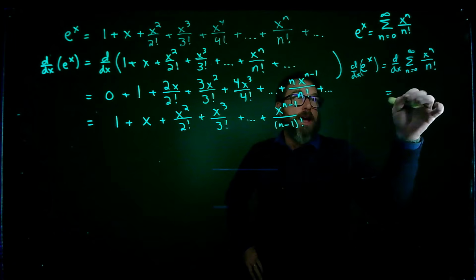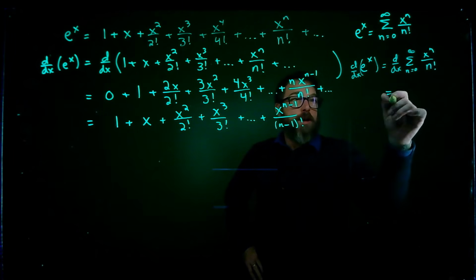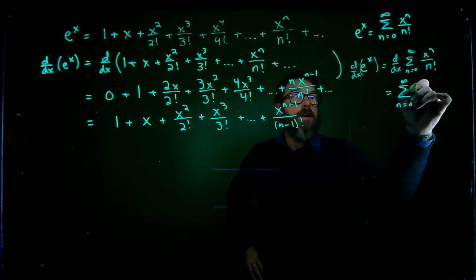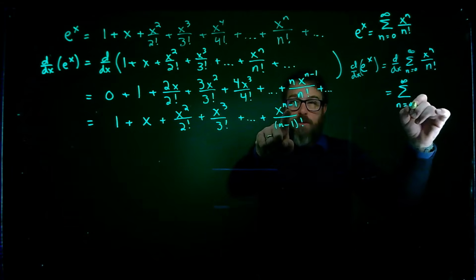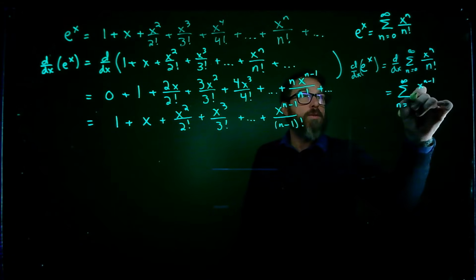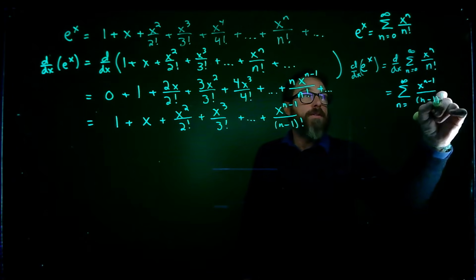Now what we know is going to happen here is this n is going to go in front, so this is going to be equal to the summation of this right here, x to the n minus 1 all over n minus 1 factorial. We have to be careful of the index.